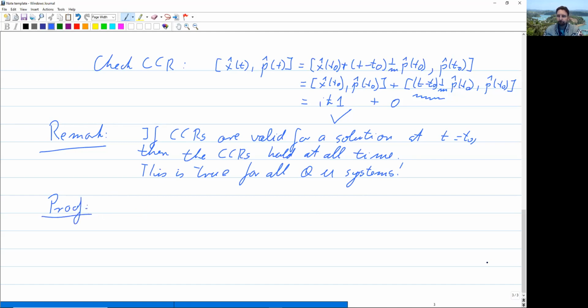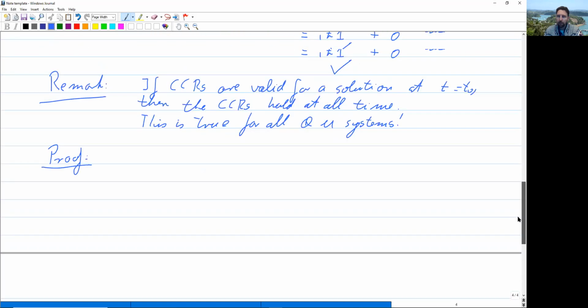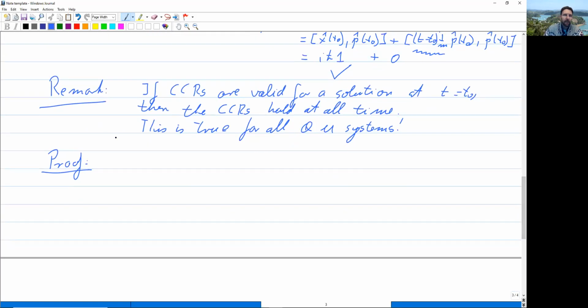Let me create more space. Okay. Proof. So, recall, if f of x, p, and in fact the proof is also valid in classical mechanics, but I will write it in quantum mechanics.